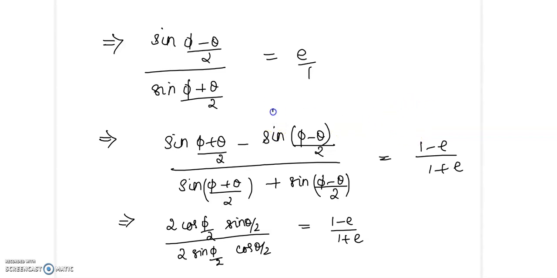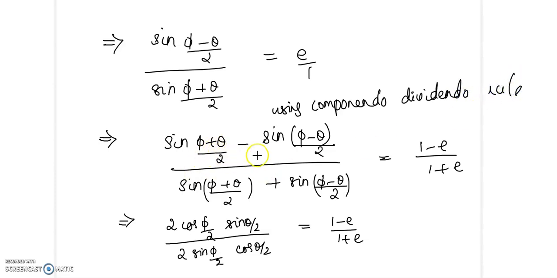So using the componendo and dividendo rule, we'll get (sin((α+θ)/2) − sin((α−θ)/2)) / (sin((α+θ)/2) + sin((α−θ)/2)), that will be equal to 1 − e by 1 + e, since we are starting with this one.